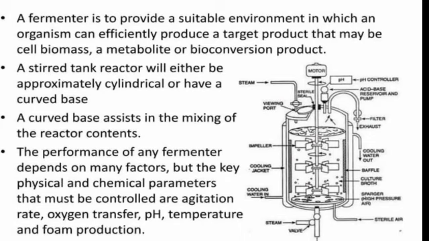It provides a suitable environment in which organisms can efficiently produce a target product that may be cell biomass, a metabolite, or bioconversion products. A stirred tank reactor will approximately be cylindrical with a curved base. A curved base will assist in mixing the reactor contents.